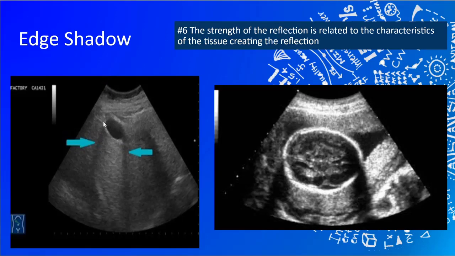It interacts with the edge of the rounded structure, and as it interacts with the edge, the sound beam is diverted in another direction. So the sound energy that should have covered this area actually got sent off in another direction, and it never made it back to the transducer. So the machine assumes there is going to be nothing there. It starts to lose its intensity because it's being sent in another direction.